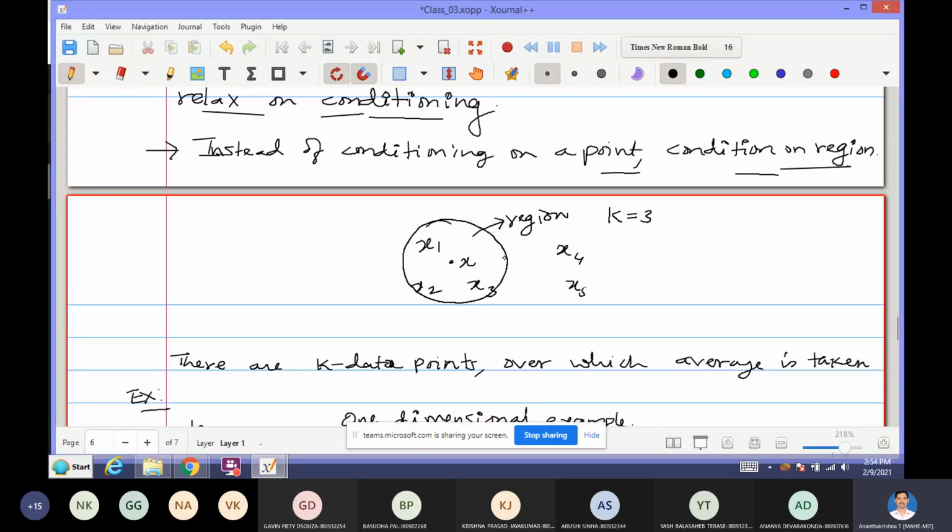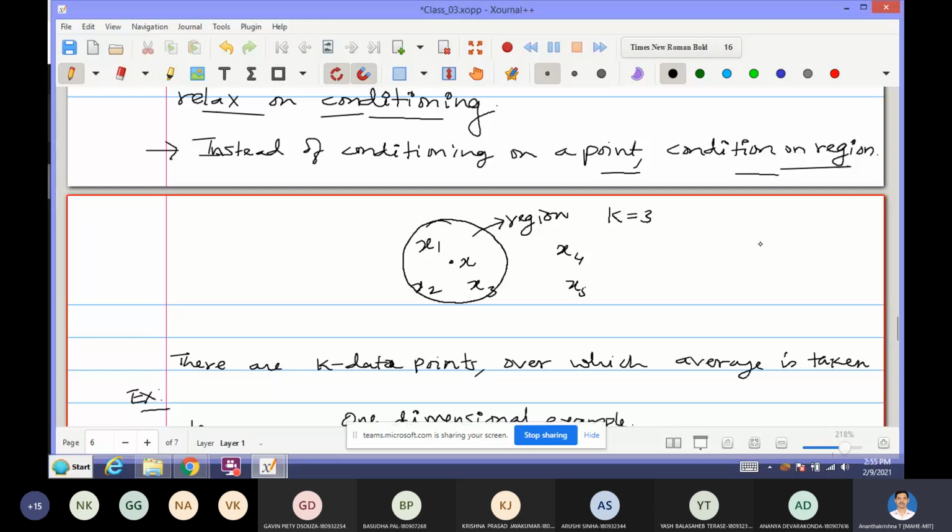So when you do such a relaxation on the conditioning, whatever query point you consider in that region, its output is constant. The output is the same, is it not? That is in the neighborhood of x, and it depends on k, which can be any value possible.